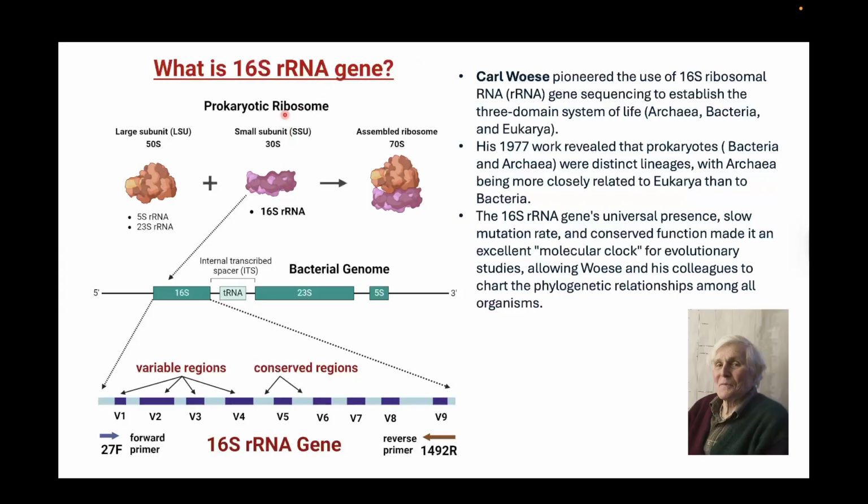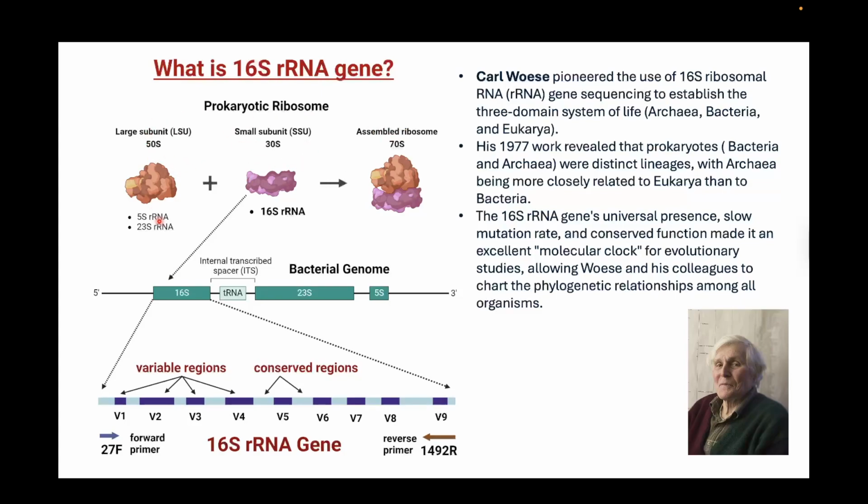So if you look at what is 16S rRNA, 16S rRNA is a part of the prokaryotic ribosome. The prokaryotic ribosome is a 70S. S stands for sedimentation constant. The 70S ribosome has two subunits, the large subunit and the small subunit.